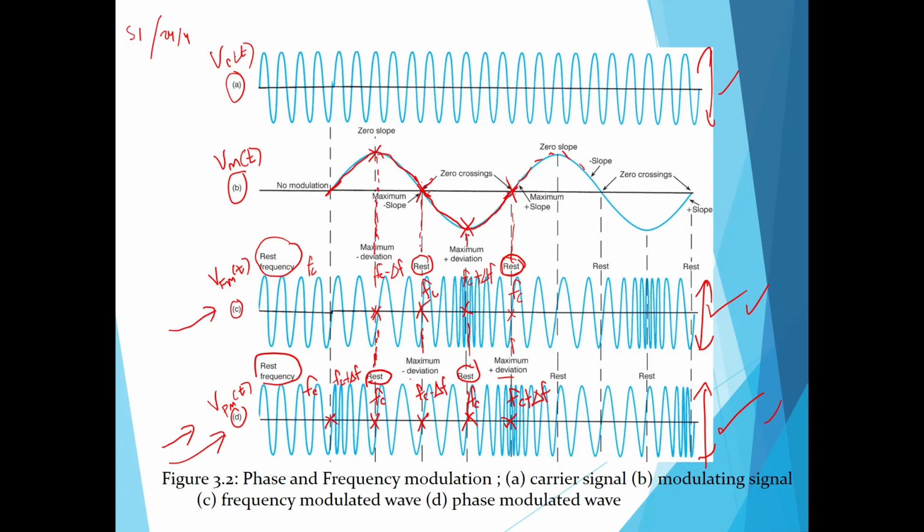So previously we have asked about phase modulation actually. This one, picture D, graph D. We asked in the final exam, where I think we gave students three graphs: the carrier, the modulating signal, and also the PM signal.